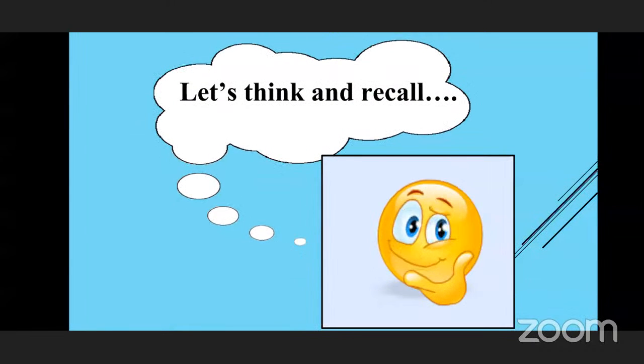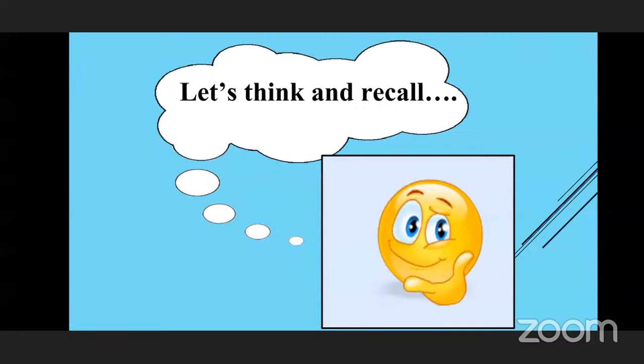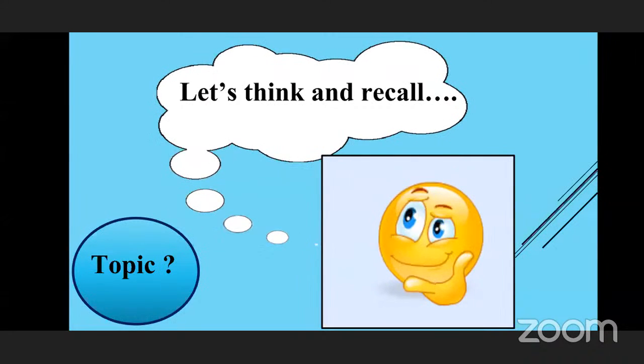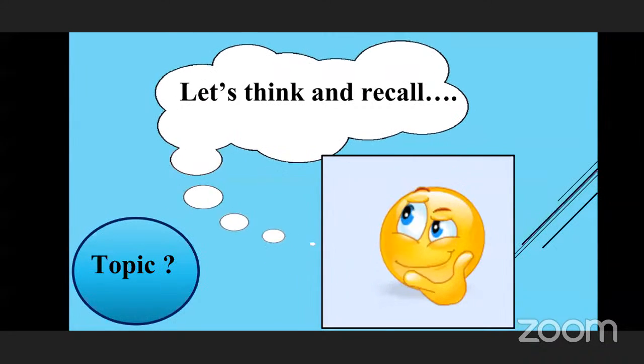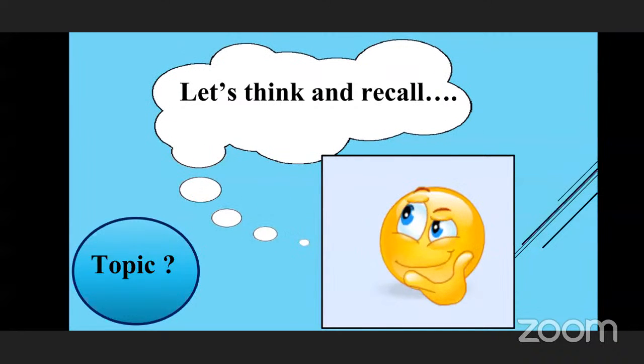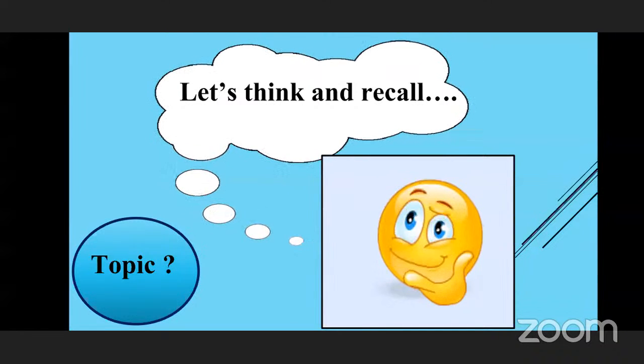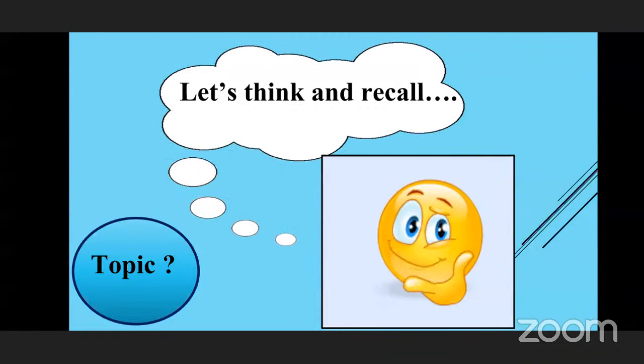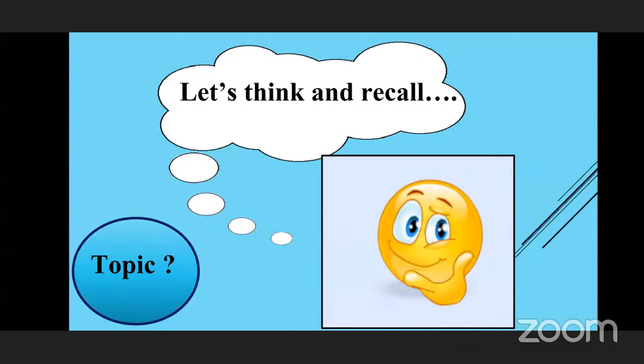Okay, here is our recalling session, children. Can you tell me which topic we have learned in the last session? Cube and cuboid, and its area. But what was the name of the topic?